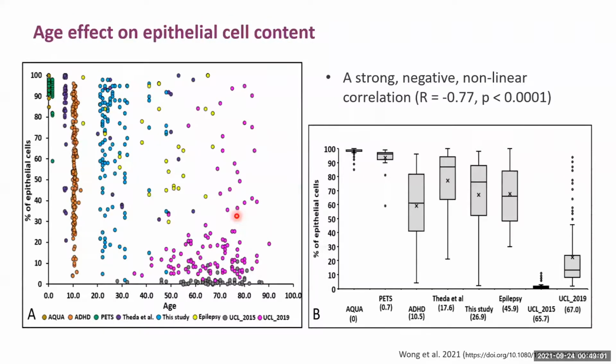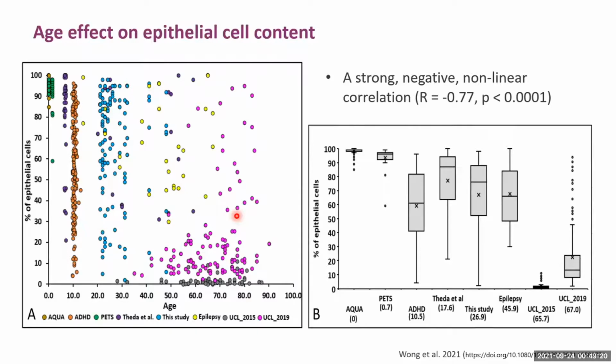So next, we also look at the age effect on epithelial cell content. In our previous paper, TIDA, we observed that epithelial cell content of buccal swabs and saliva was lower in adults compared to children.